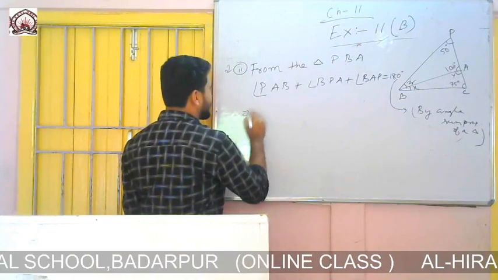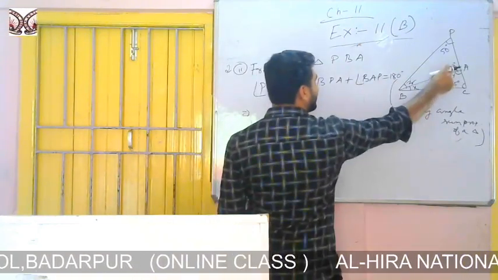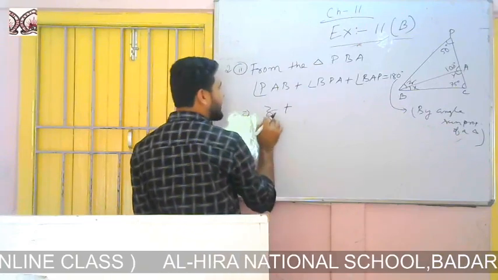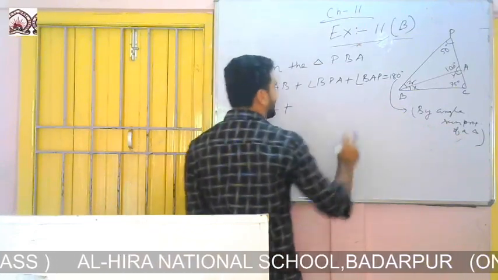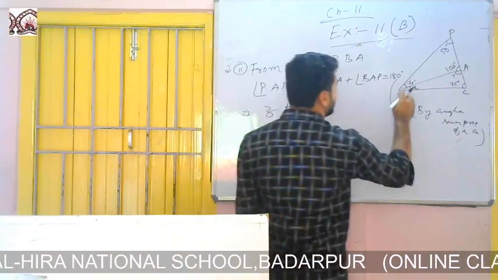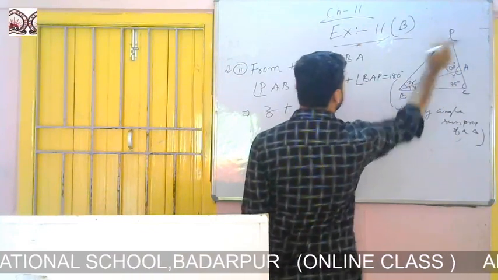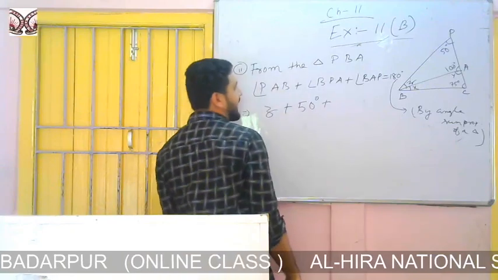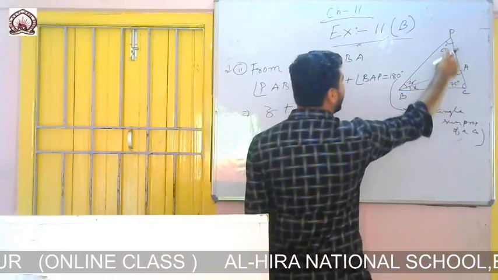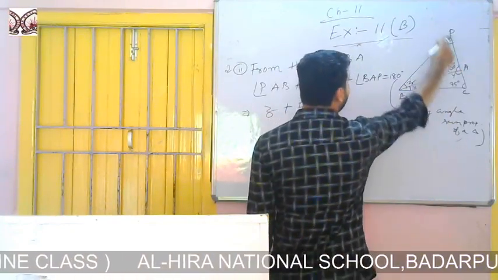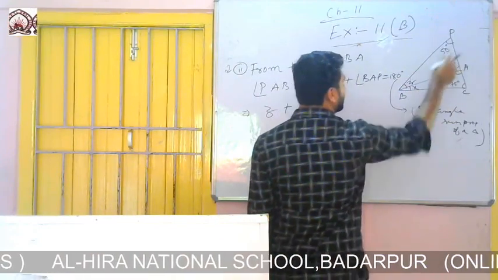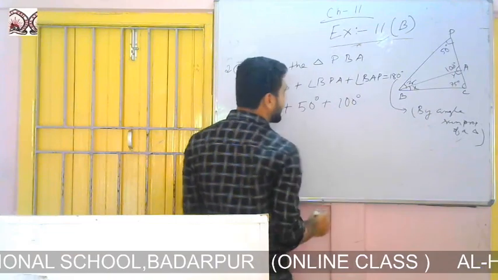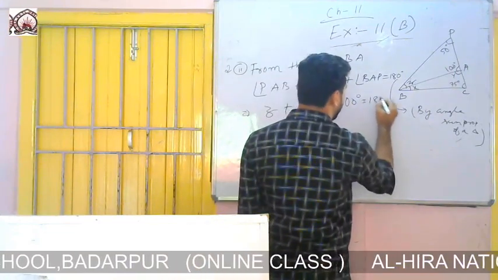Okay, so in place of PAB I can write Z, and you have to find the measure of Z. And BPA, that means this angle, I can write 50 degrees. And in place of BAP, this angle, I can write 100 degrees, equals to 180 degrees.